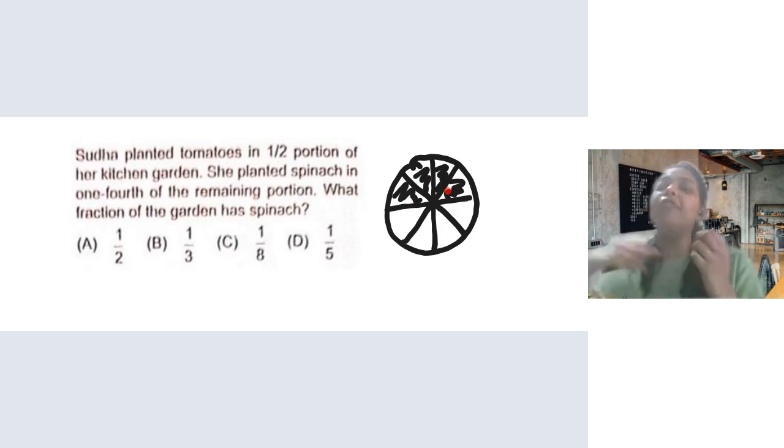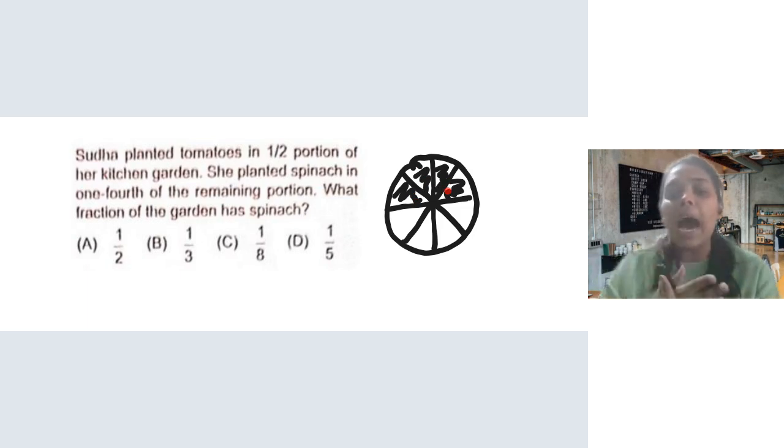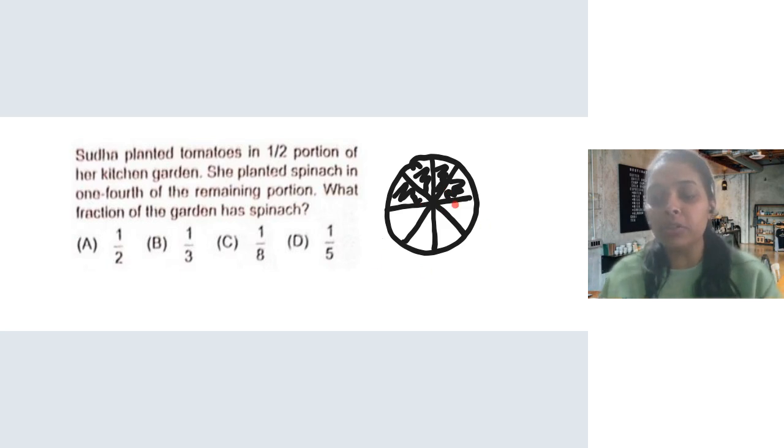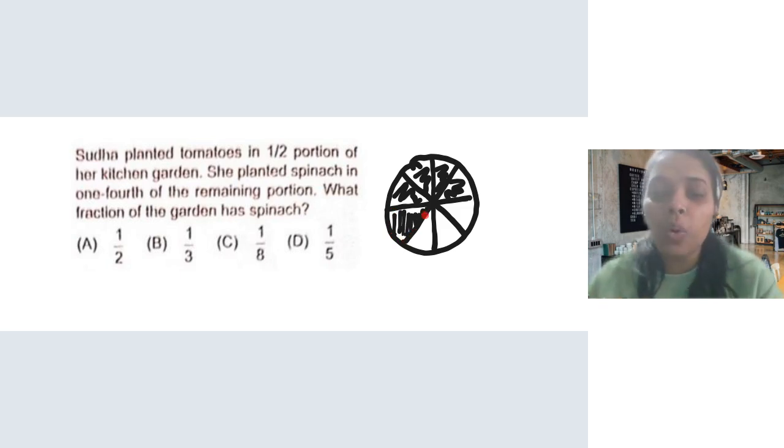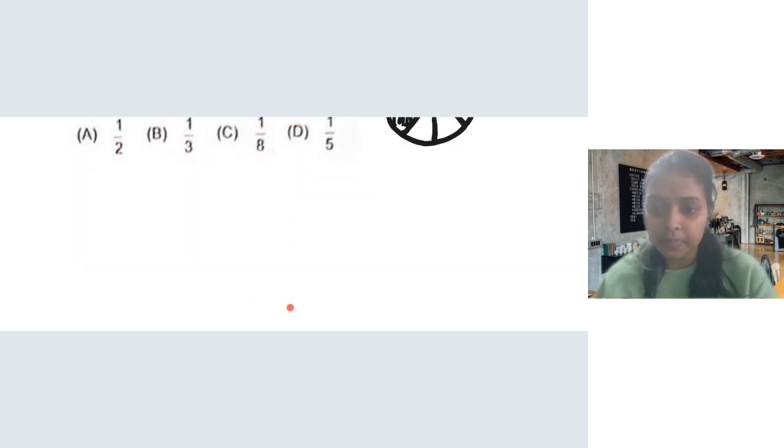Then her friend ate 1/4 of the remaining portion. What is 1/4 of this remaining portion? One pizza piece. Yes. Oh, sorry, I understood my mistake. So now what was the answer? It was 1 upon 8. Very good.